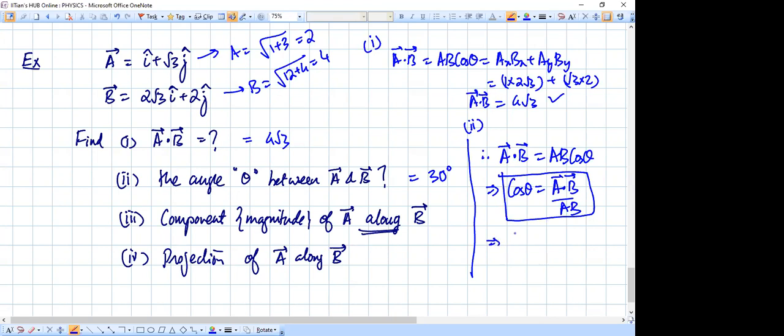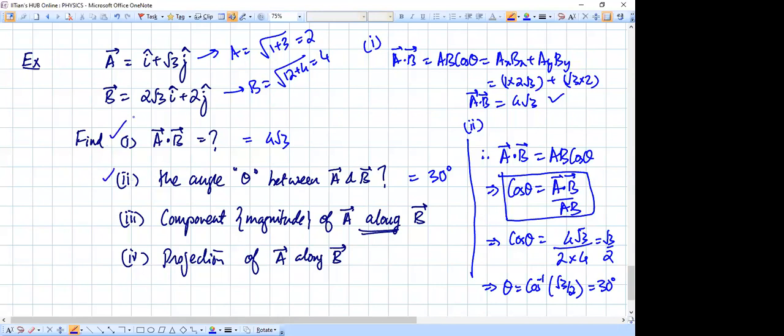Okay, so substitute that over here. So cos theta is A dot B, which is 4 root 3, divided by the product of magnitudes, which you calculated here. So that is root 3 by 2. So theta is cos inverse of root 3 by 2, which you know is 30 degrees.